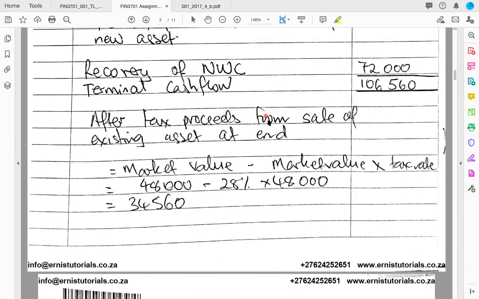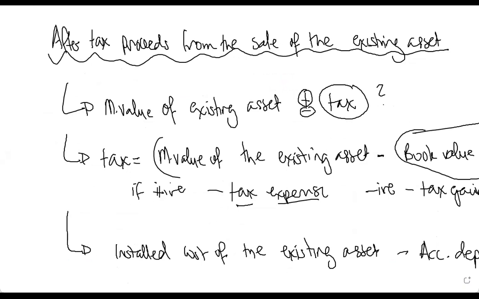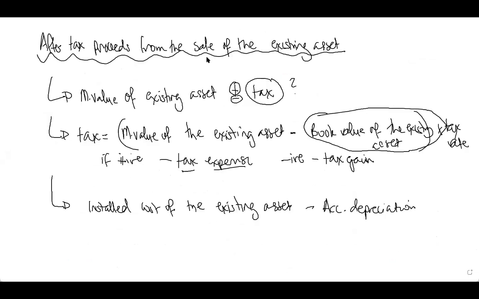Okay. How do we get the after-tax proceeds from the sale of the new asset at the end of its life? Again, here it's a bit of a shortcut. I just want to show you where everything is coming from, just so you follow. So here, let's rub this part out, and let's say after-tax proceeds from the sale of the new asset at the end of its life. That's important.